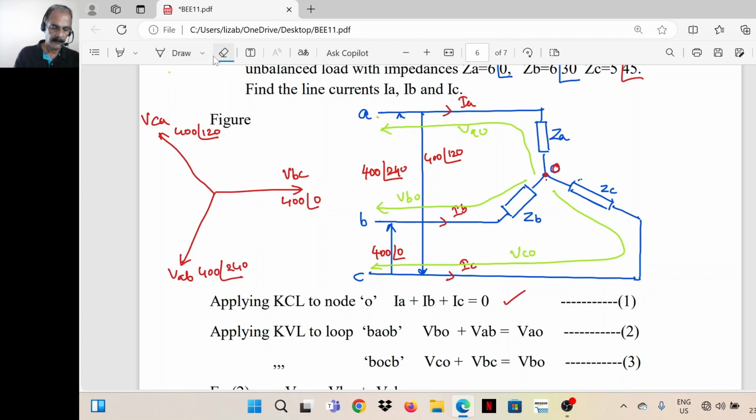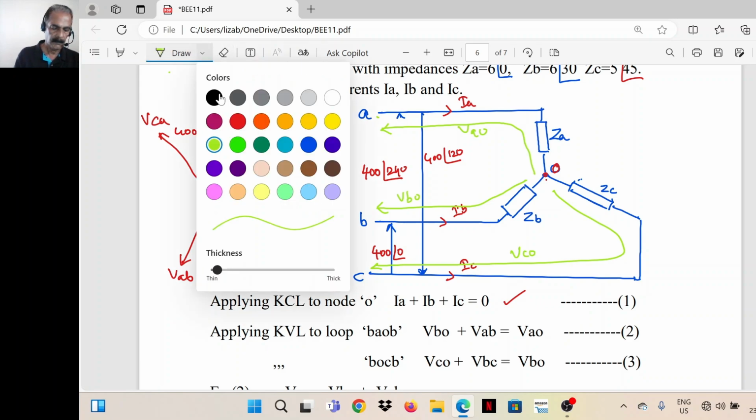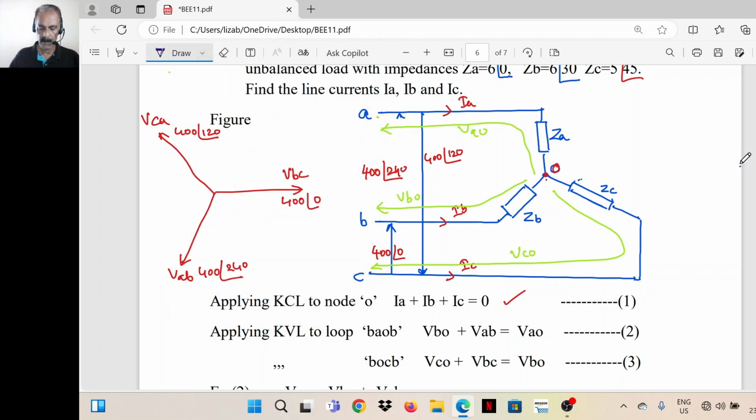Now, consider the loop VAOB. Once more I'll tell you. VAOB, this closed loop.